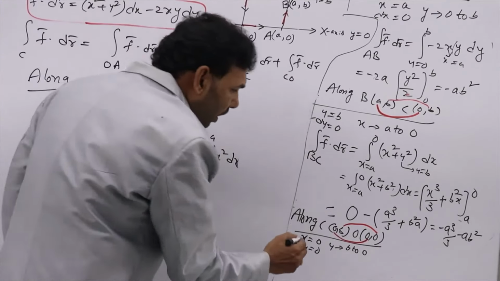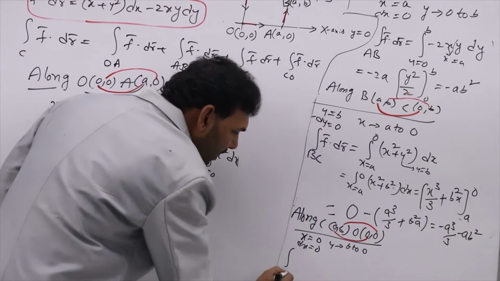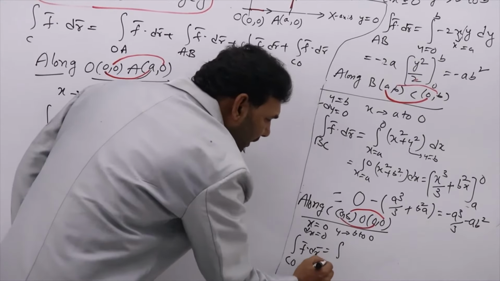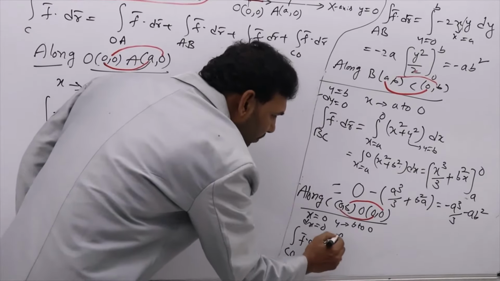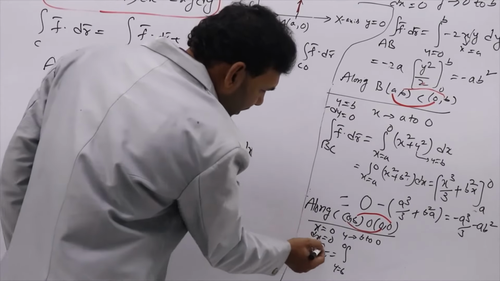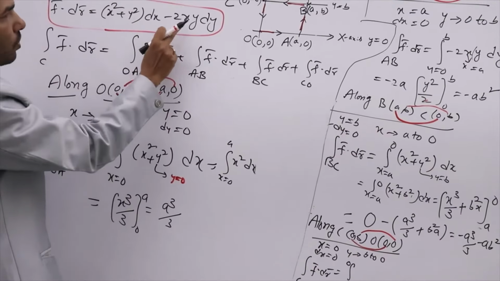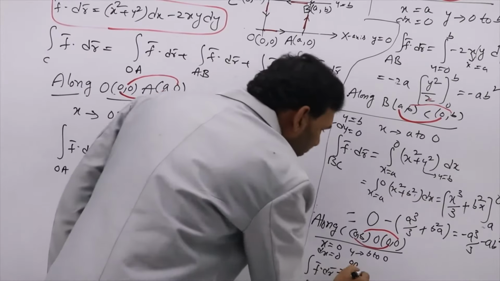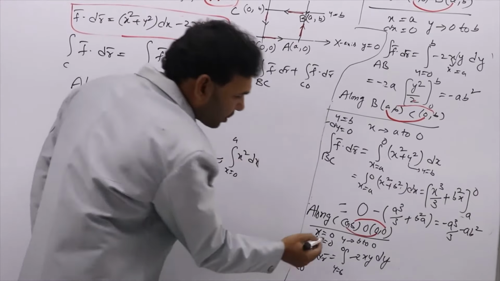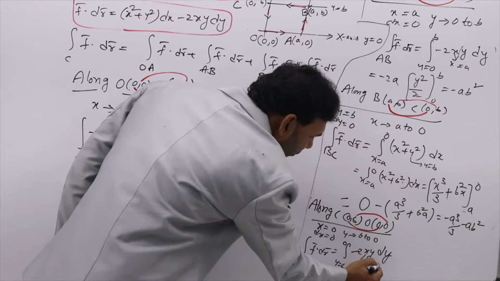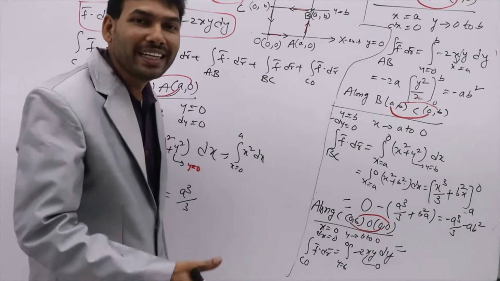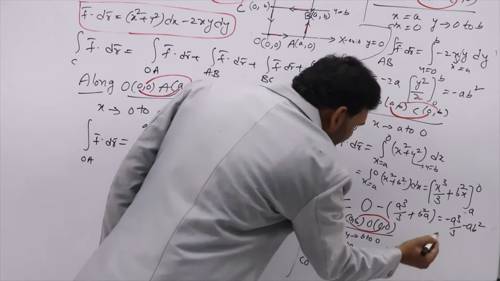Now along CO, integral over CO of f bar dot dr bar equal to integral y equal to B to 0. In f bar dot dr bar, dx is 0. We need to write the dy term only, minus 2xy dy, in which x is 0, so this value is 0.